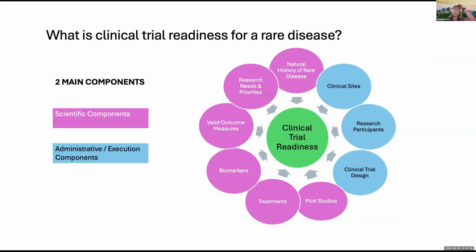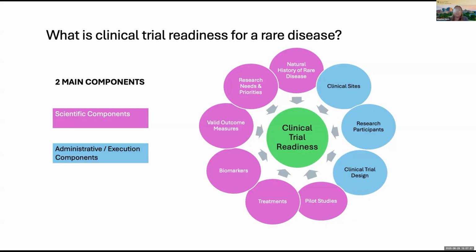So backing up a little bit, what does clinical trial readiness mean for a rare disease? There are lots of different components that have to be put into place in order for us to do clinical trials for treatments in rare disease conditions. We have to know the natural history of the rare disease and what we specifically want to target changing. We need to know the priorities of the community from a research perspective. We need valid outcome measures to measure what's important to the community in a way that we can actually test differences if we are doing an intervention of some sort.